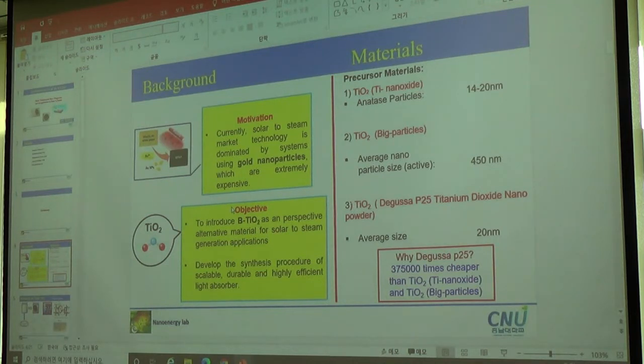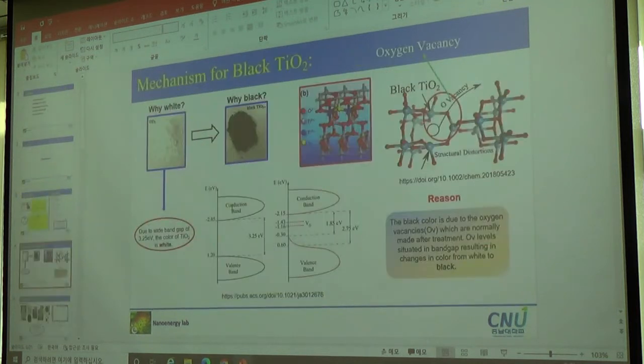The particle size for that one is 20 nanometer. Because it's cheaper than titanium nanoxide and big particles, therefore I can consider the P25 reducer titanium nanoxide as a precursor.